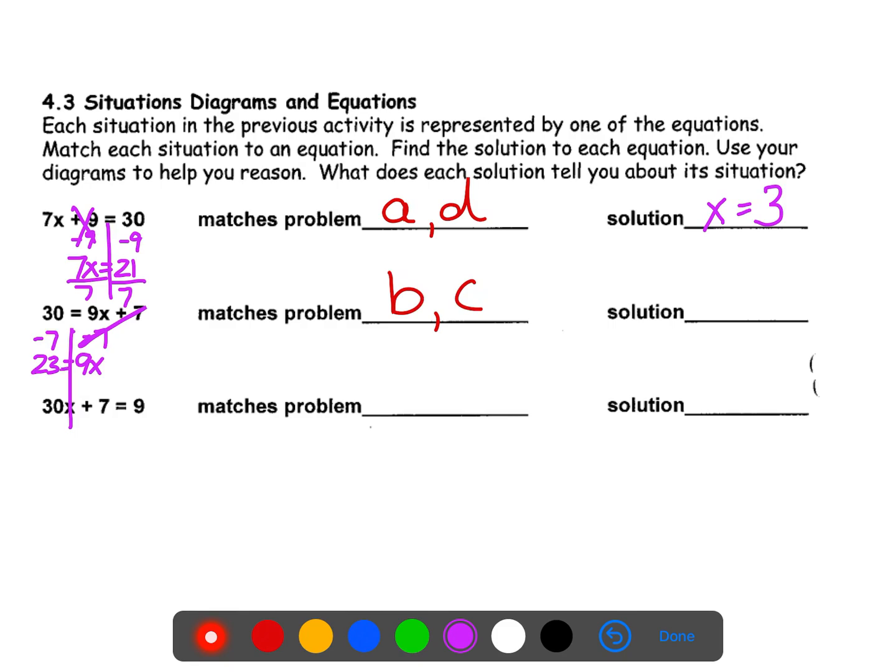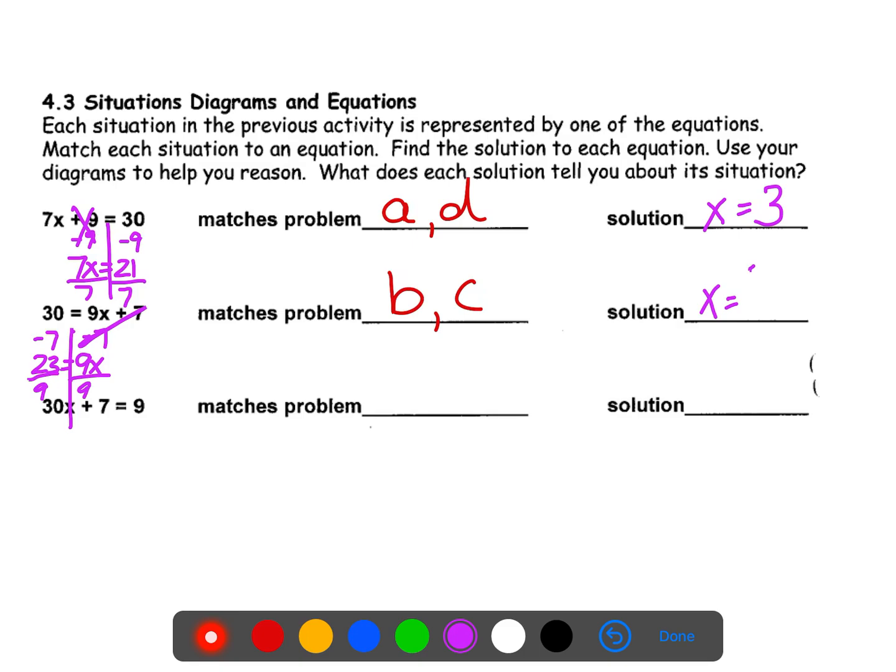Okay, now I need to take the 23 and evenly distribute it to the 9x's. So I'm going to divide each side by 9. That will give me a value for x when I do 23 divided by 9. There are a couple of ways to represent it.